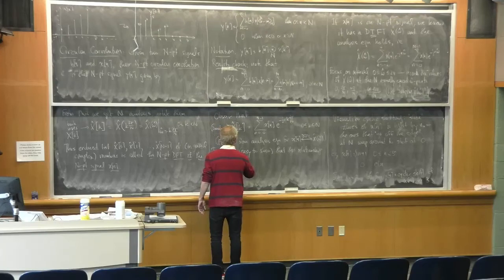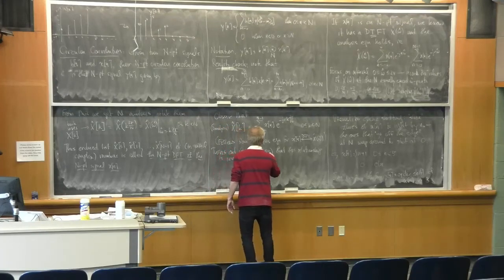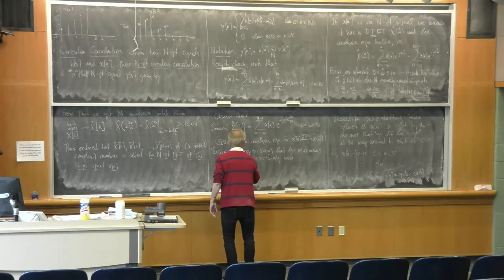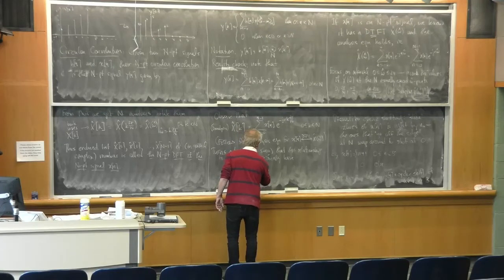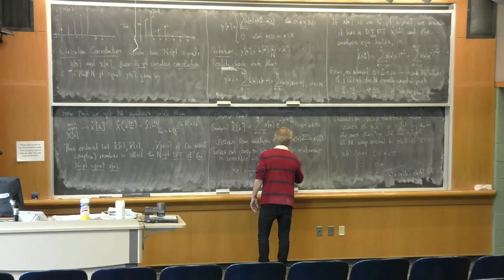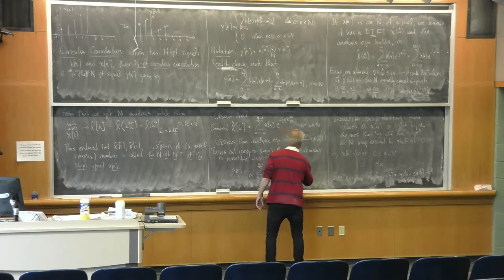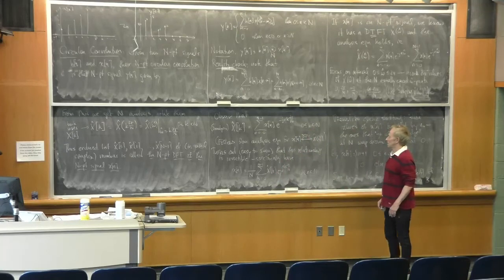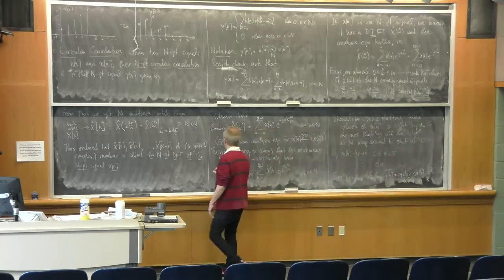And specifically, we have that x of n equals 1 over cap N times the sum from k equals 0 to cap N minus 1 of x hat of k e to the positive j n k 2 pi over n, and n here runs between 0 and cap N minus 1. So that's the equation that gives you x of n from its endpoint DFT. And so I'm just going to call this D-synthesis.